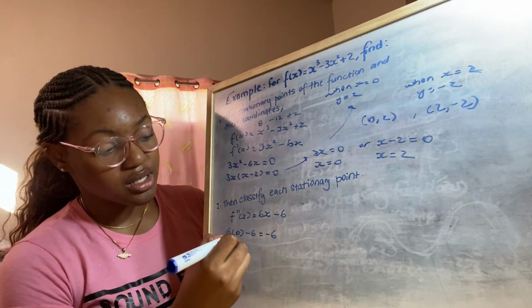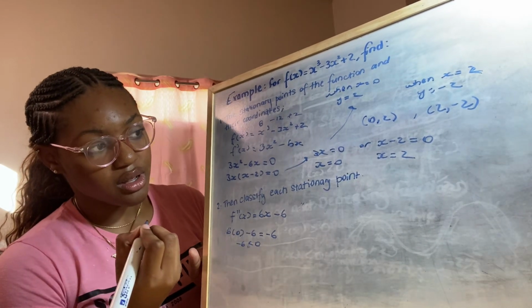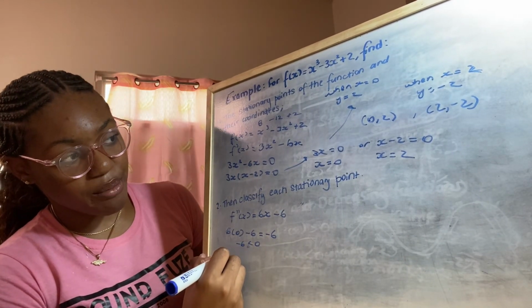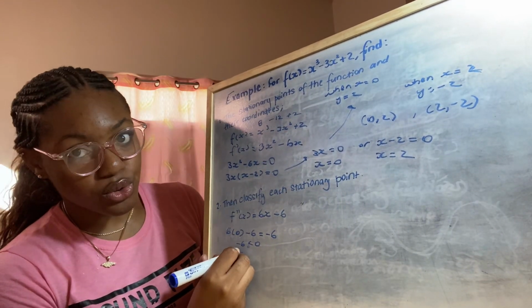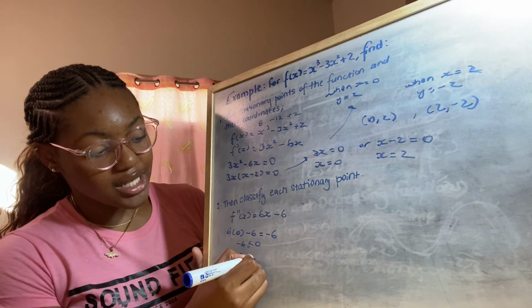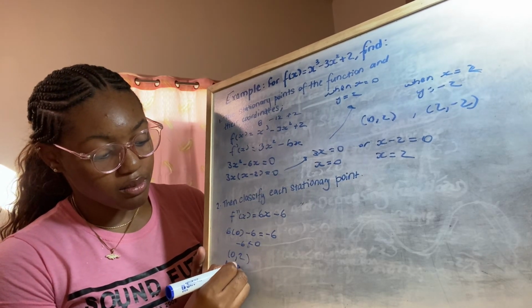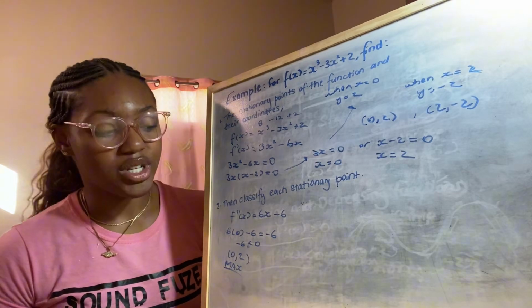Since negative 6 is less than 0, that would therefore mean that our point right here, the coordinate (0, 2), is a maximum. So I'm just going to write max. That's our maximum point.